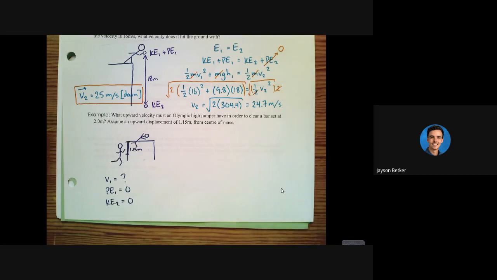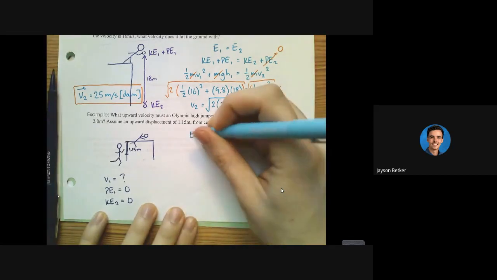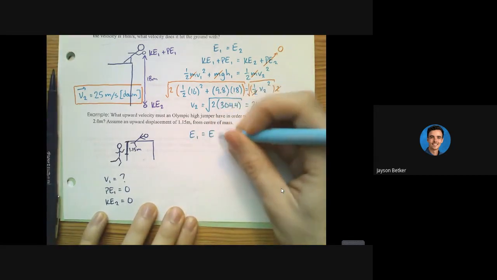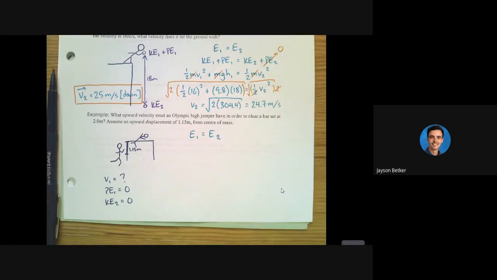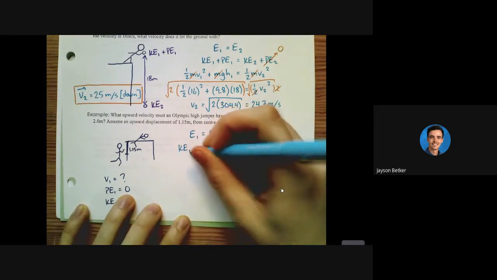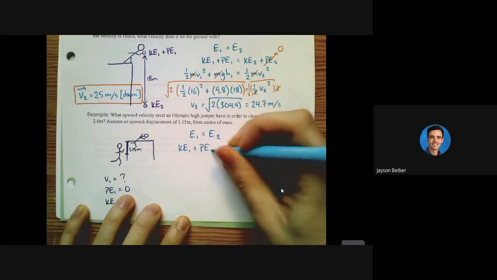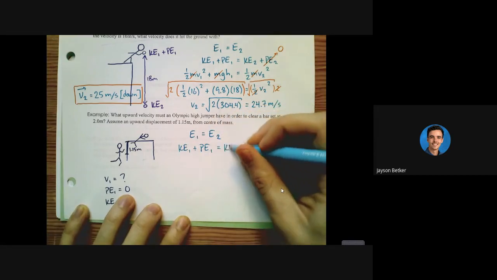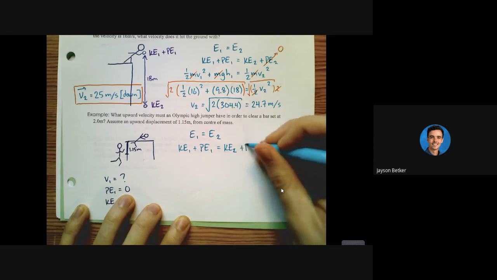So this makes our formula a lot easier. When we have E1 equals E2, then we're going to have KE1 plus PE1 equals KE2 plus PE2.